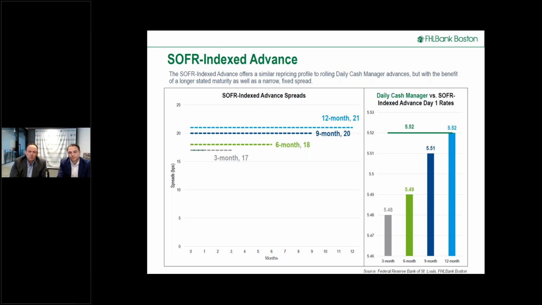So when we convert that into nominal rates and look at the day one rate and contrast that to the daily cash manager advance, our overnight advance product, in fact, there's cost savings here, or in the case of the 12-month, on par with the daily cash manager. So if for nothing else, there is the ability to save a basis point or two. And as we've talked about, given the pressure on margins, every basis point always counts, but I think right now we can all agree that it counts a little bit more.